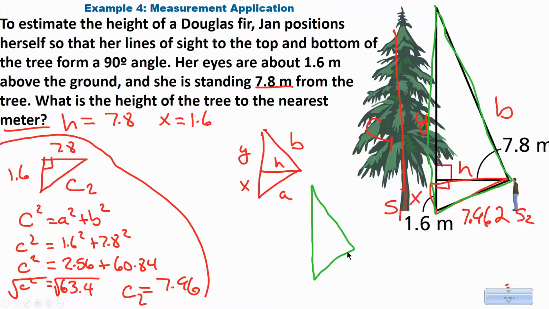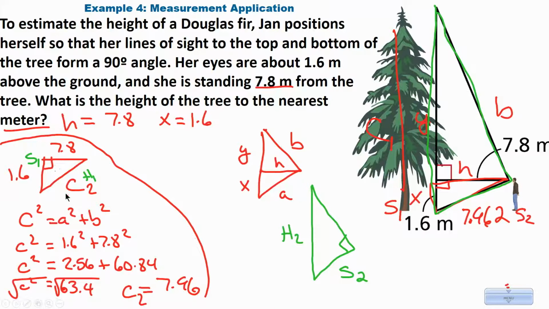And this is going to be 90 degrees, right? And I'm going to label these. This is small, and this is small. It's going to be S2, and this will be S1. And then this is going to be H2 and H1.